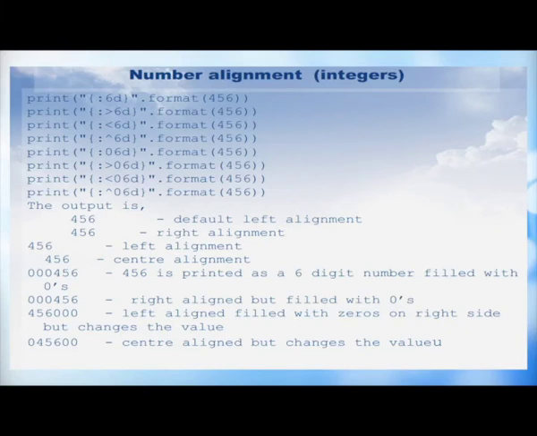As we saw for text, the greater than symbol is for right alignment, the less than symbol for left alignment, and the cap symbol for center alignment. Using 0 will replace the unused space with 0, that is, it is padded with 0. Just run and see how you are getting the output.